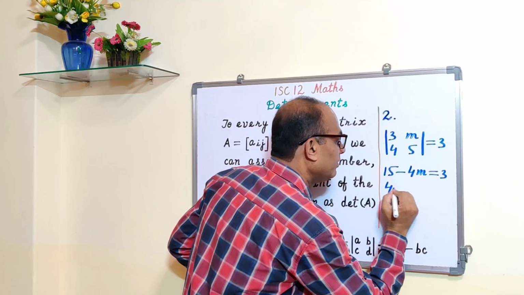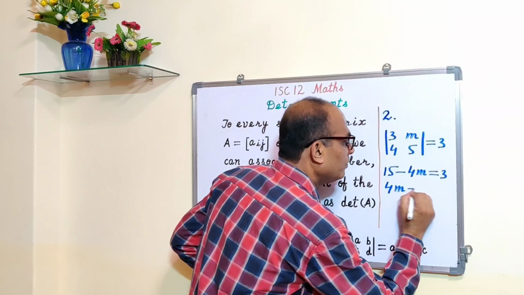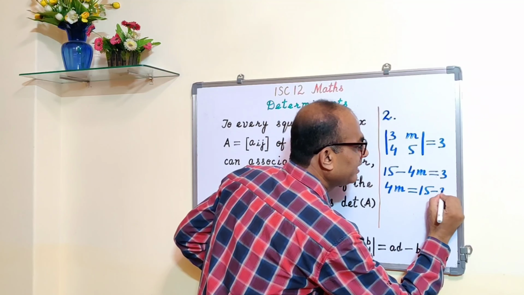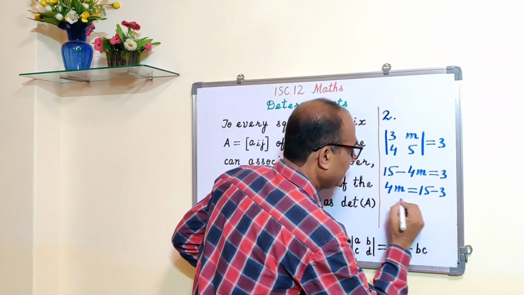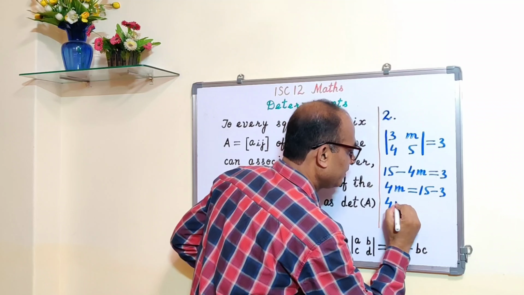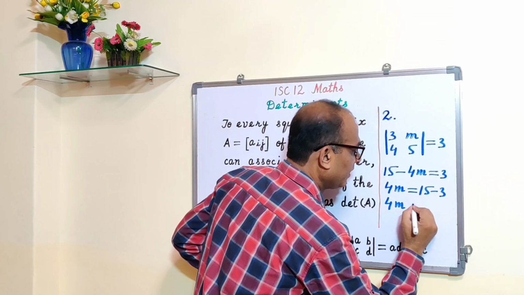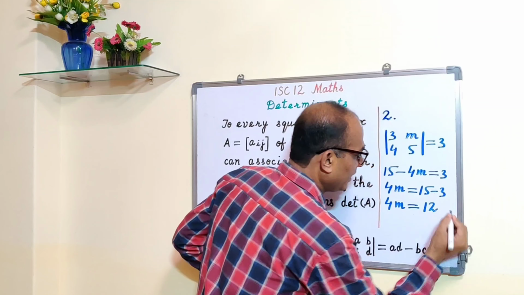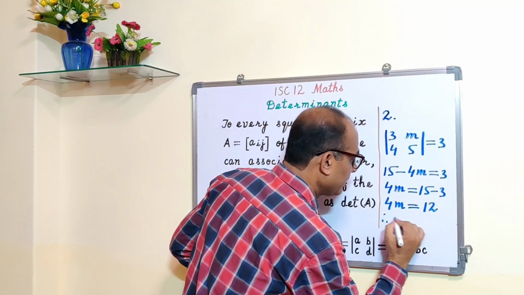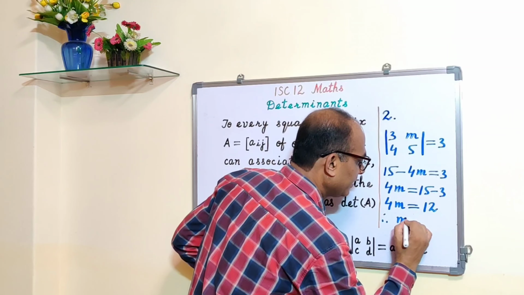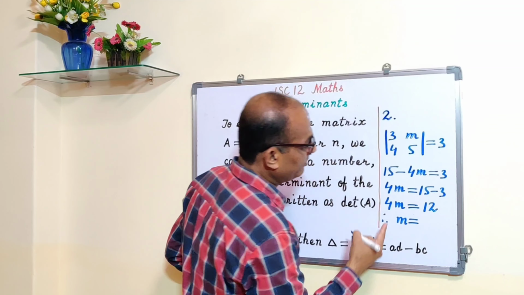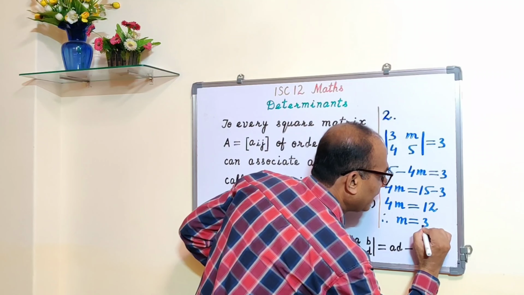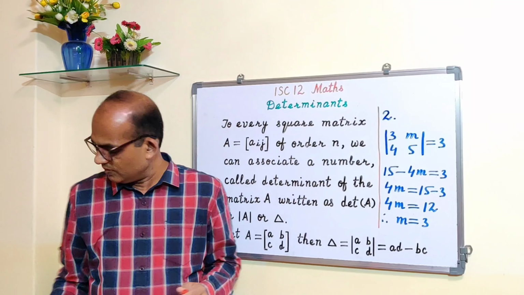So 4M is equal to 12, and therefore M is equal to, 4 3s are 12, 3. M is equal to 3 is the answer.